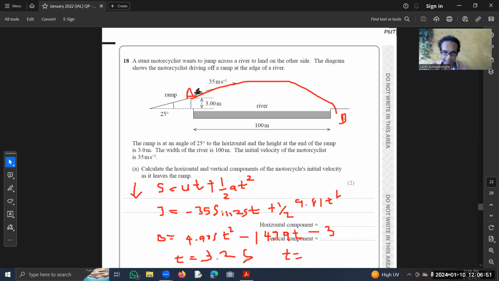Another one is minus 0.19 seconds. So we get a positive answer, 3.2 seconds. Now I'll put the equation horizontally.